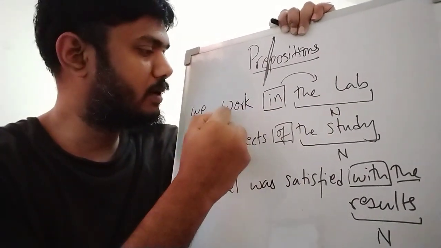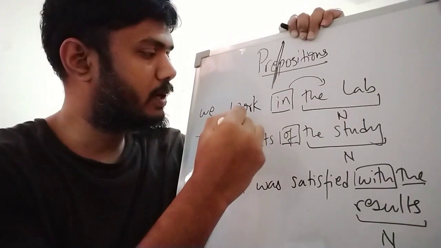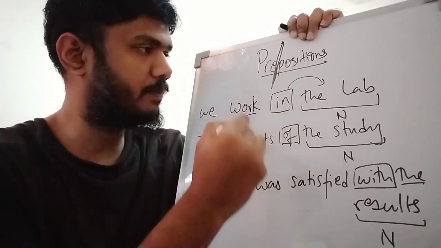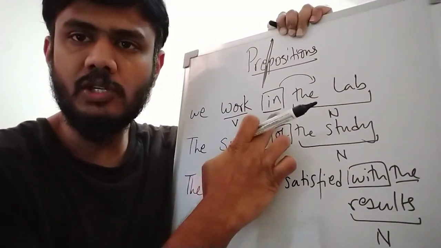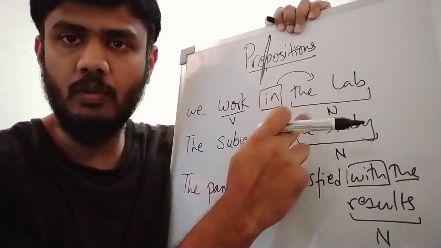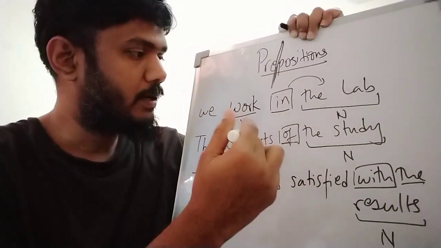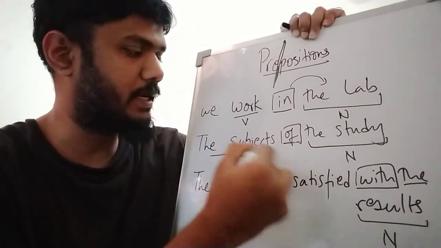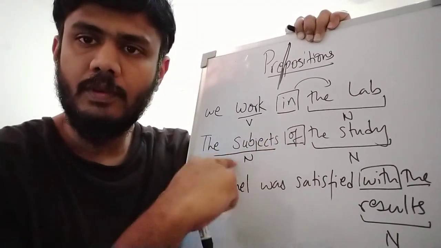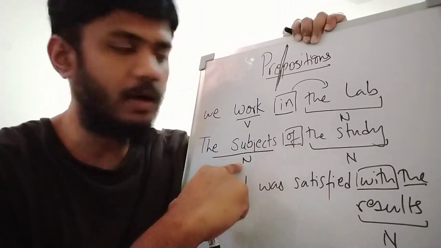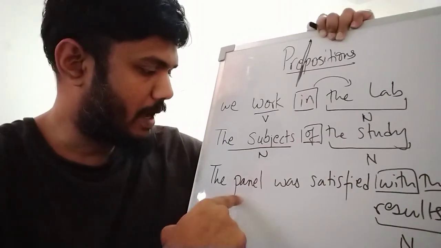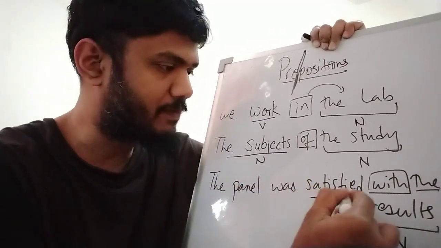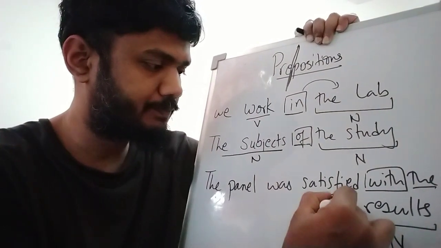Here we work. Here, work is a verb. So here the preposition is connecting a verb with a noun. All right. Over here, the subjects of the study. This is another noun, right? So here we've got a noun being connected to a noun, and here the panel was satisfied. Satisfied is an adjective.